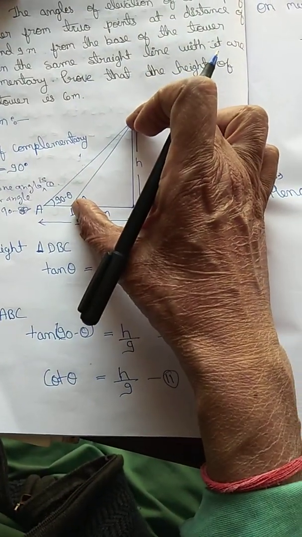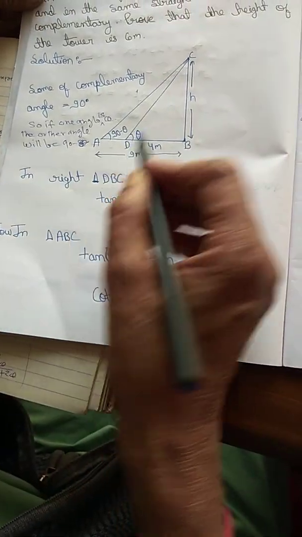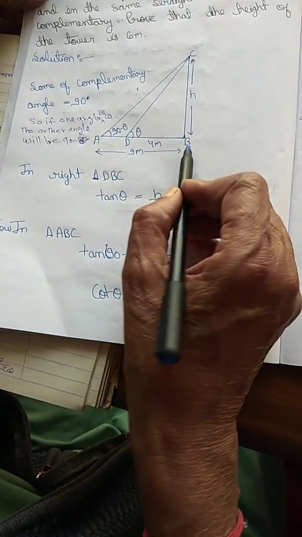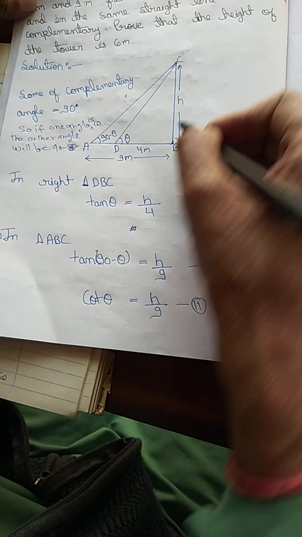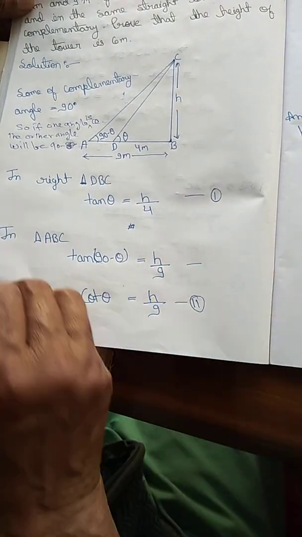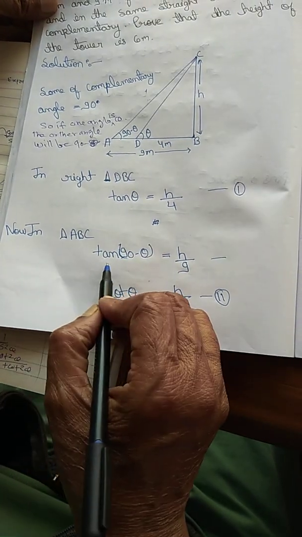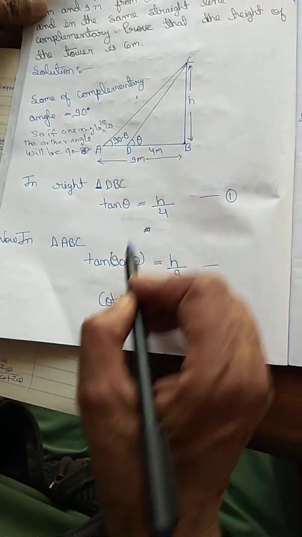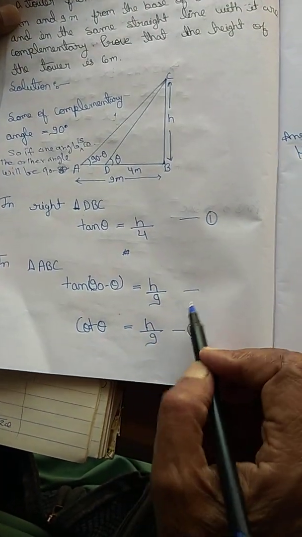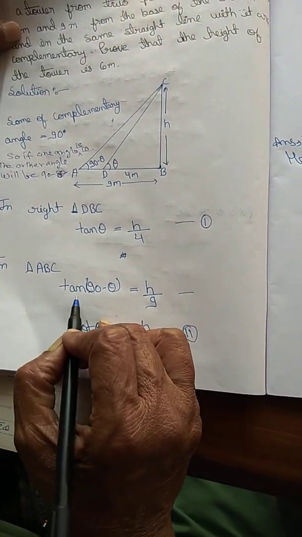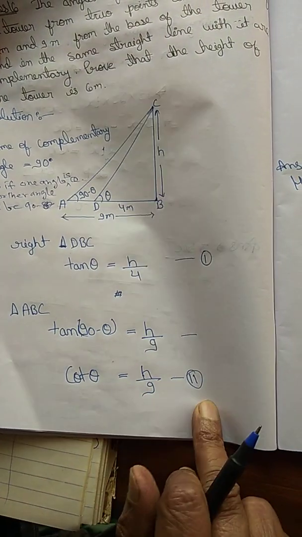These are the angles of elevation. So in right angle triangle DBC, tan theta is equal to height upon base, h upon 4. And now in triangle ABC, tan 90 minus theta is equal to h upon 9. You know tan 90 minus theta is cot theta. So cot theta is equal to h upon 9.